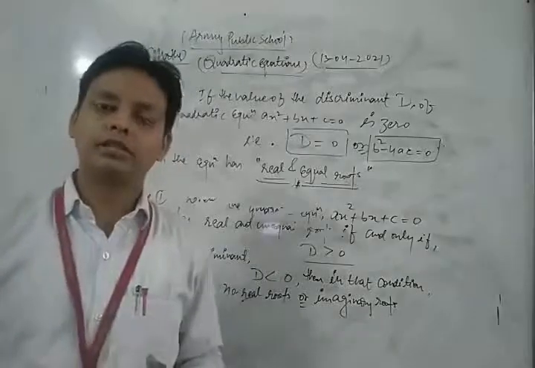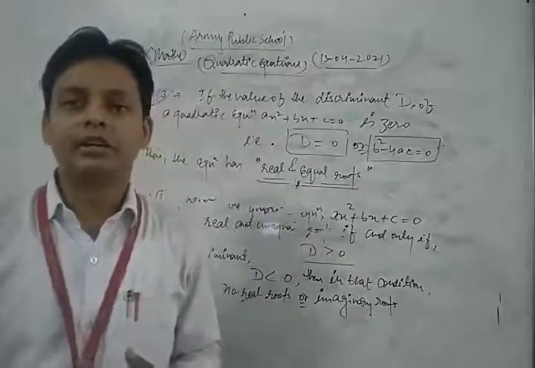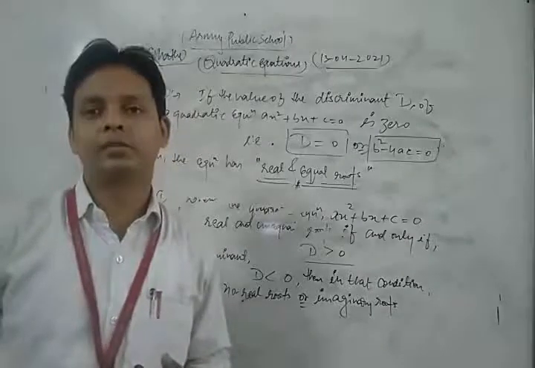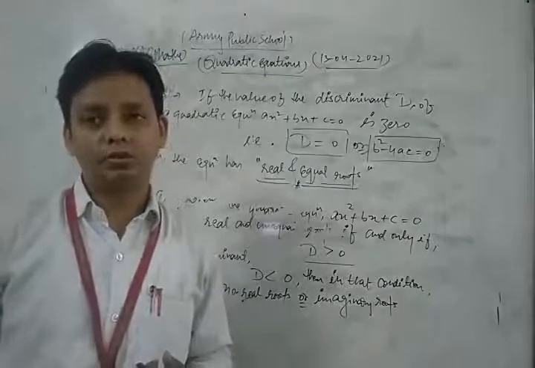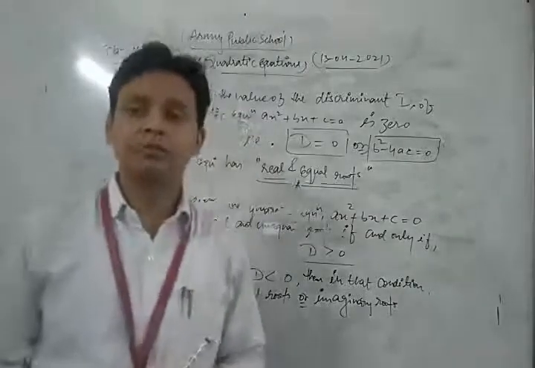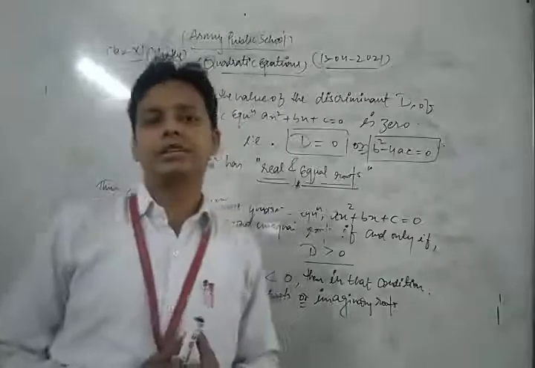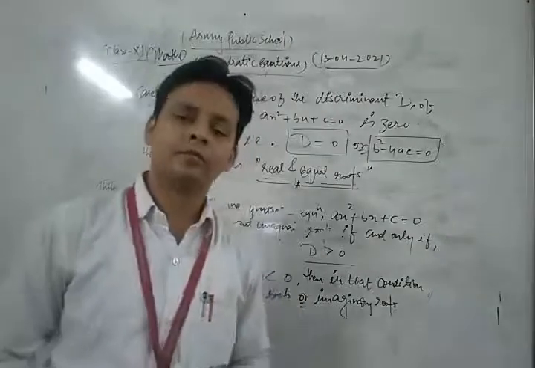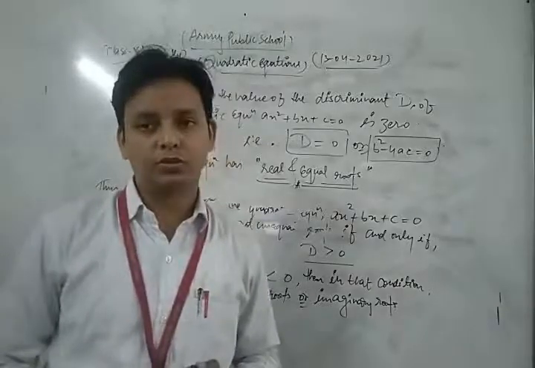When the value of D is less than 0, meaning negative, then the equation has no real roots, it has imaginary roots. And last one is very important: when the discriminant D is equal to 0, then the given equation has real and equal roots.